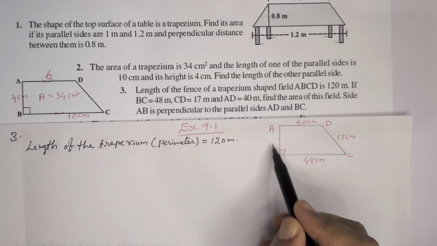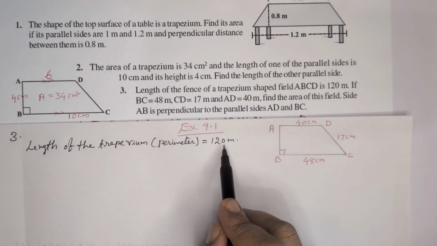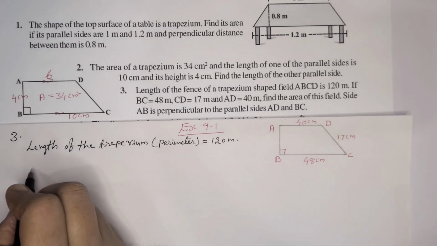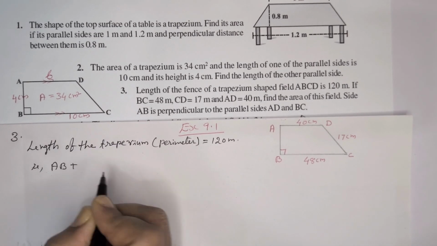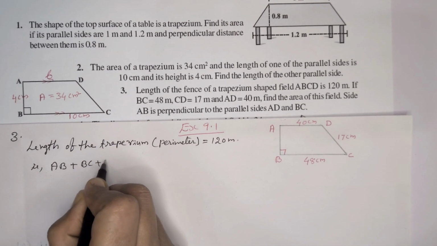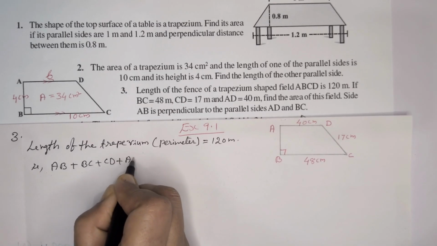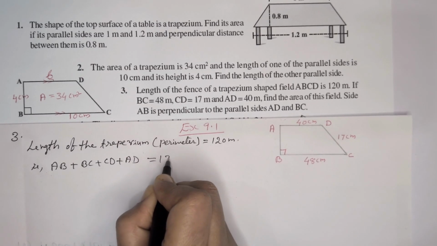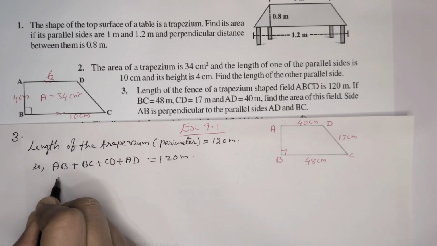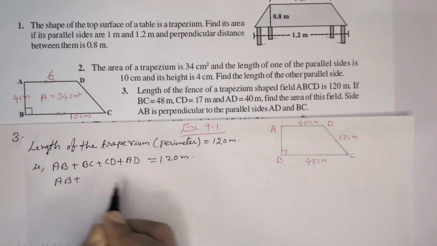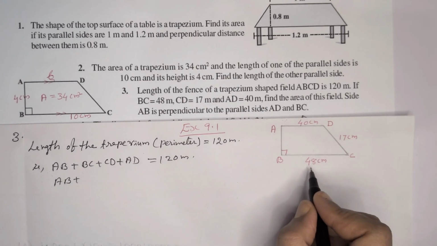From that we can find AB. So perimeter is equal to 120 meter. We can write AB plus BC plus CD plus AD, which is equal to 120 meter. From here AB we have to find, the rest of the measurements are given.